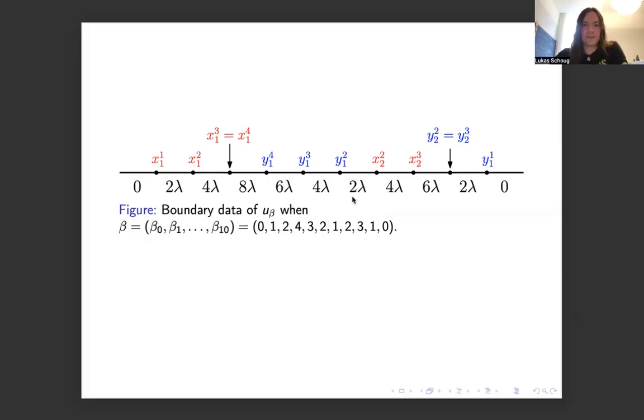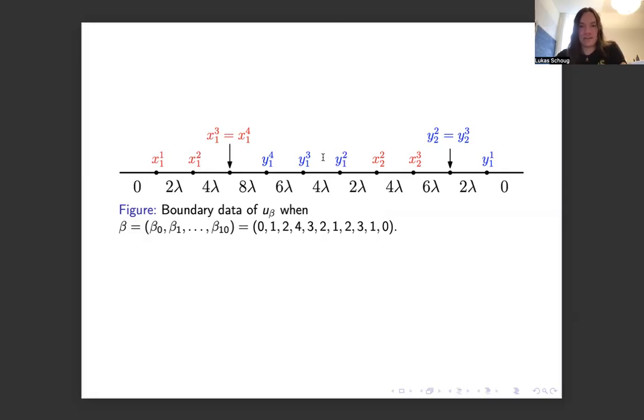And somehow the boundary values. So if this has boundary values 2 lambda to the left and 4 lambda to the right, it can only terminate somewhere where the boundary data to the right of the termination point is at least 2 lambda and to the left is at most 4 lambda.